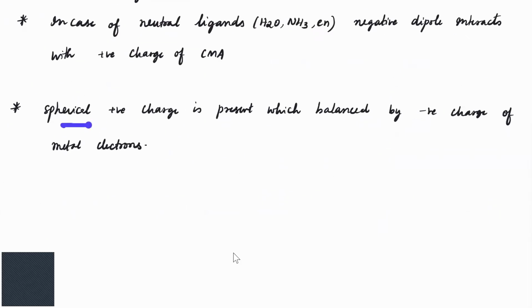Next, there is a spherical positive charge present, which is balanced by the negative charge of the metal electrons. Got it? Whatever positive charge is present on the metal, we can assume it is spherically spread, and that is balanced by the negative charge of the metal electrons inside. This is a basic assumption.